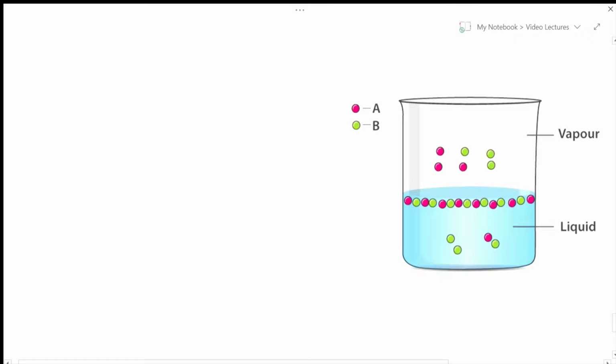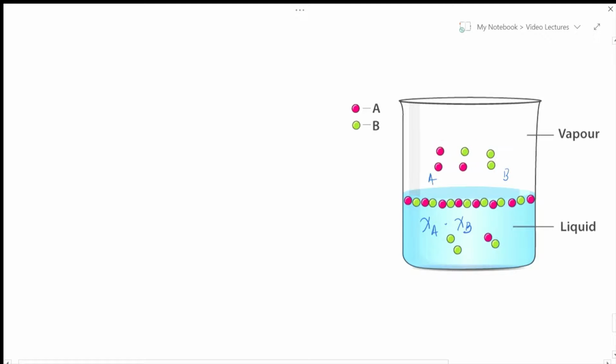Now let's shift our attention to the vapor composition. In the vapors we have molecules of A, we also have molecules of B. Now their mole fraction in this vapor phase is not xi A and xi B. Xi A and xi B is the mole fraction that we have in the liquid phase.